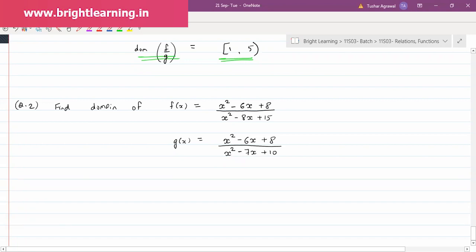These two questions might look similar, but they have a minor change in them. I'll call this question number 2 and this is question number 3.